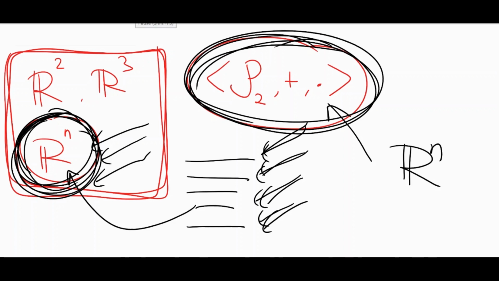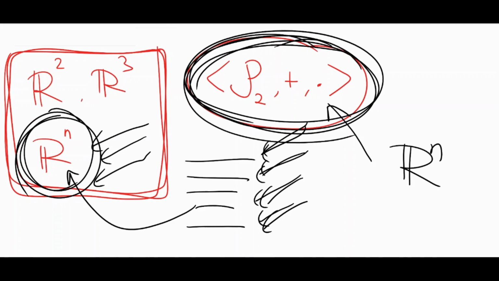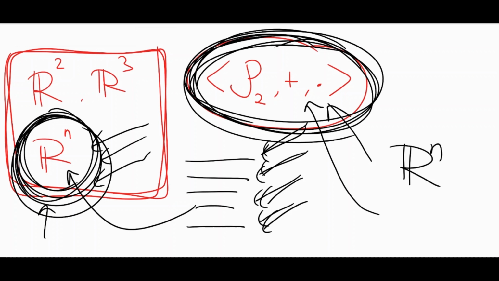So we generalize the concept of Rn to other types of structures which don't look very similar to Rn, but they are essentially the same, in the sense that the 10 properties that Rn enjoys are also enjoyed by a structure that looks like this. So this is one of the main ideas in mathematics, called the idea of generalization. You generalize an idea from this to some other stuff.